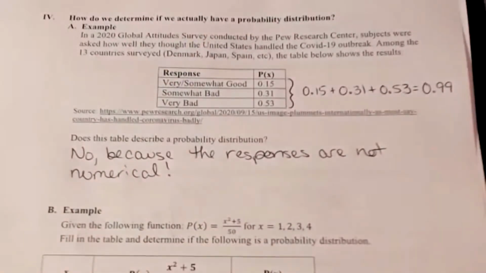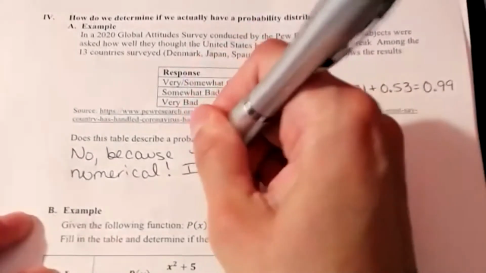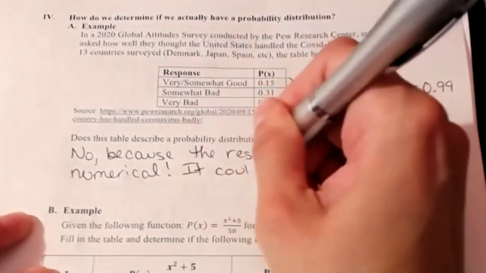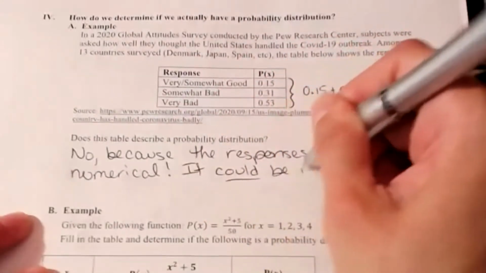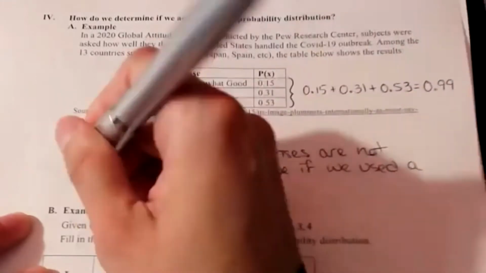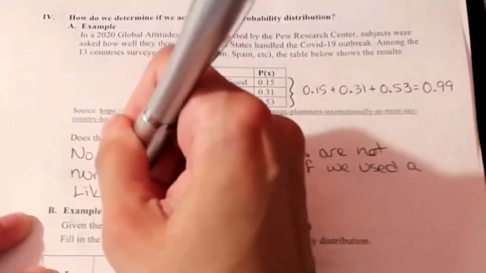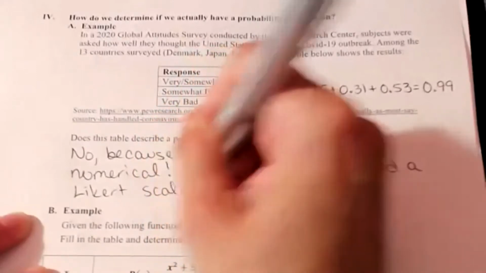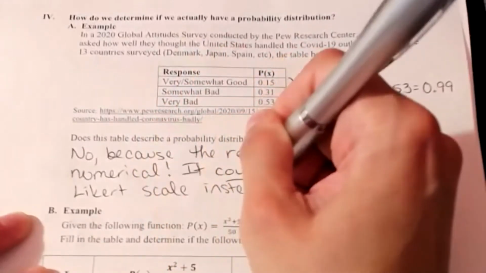You can also write that it would be different if, for instance, you used a Likert scale. I'll write that down. It could be different if we used a Likert scale instead.